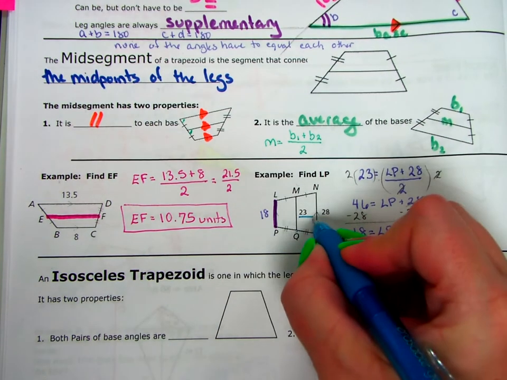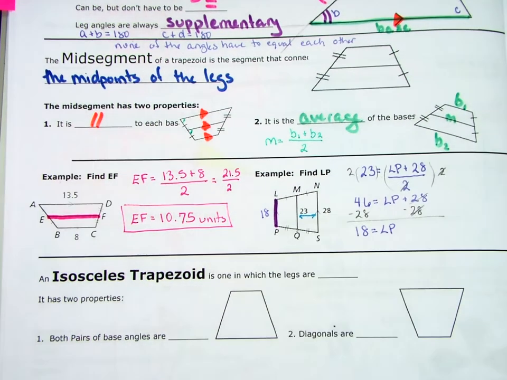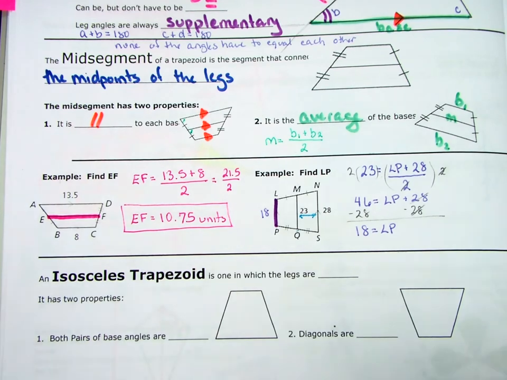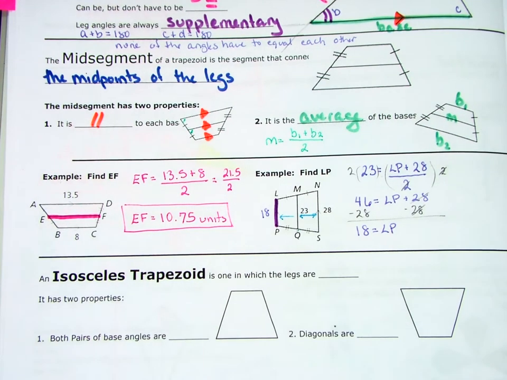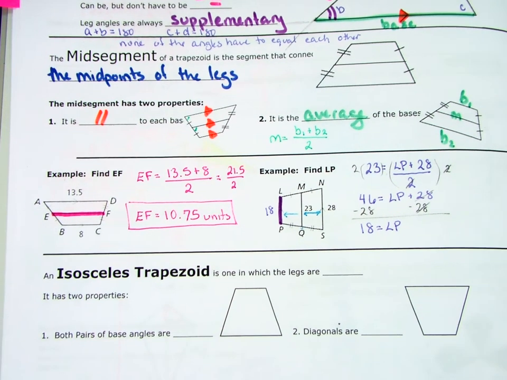So if I go, oh, between 23 and 28, it's a change of 5, right? From 28, I go down 5 to get to 23. So just go down 5 more to get to 18. So that's a way you can do it without having to do the whole formula. Kind of just a little time saver there. Okay? Just as a little side help.